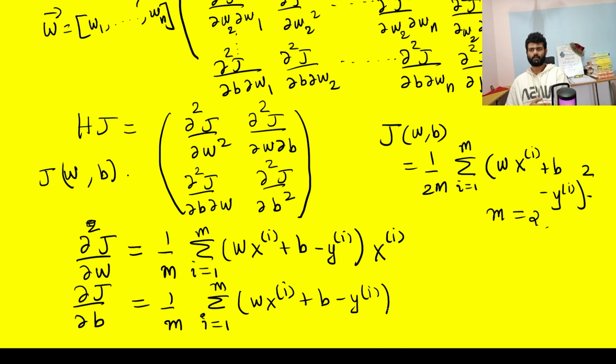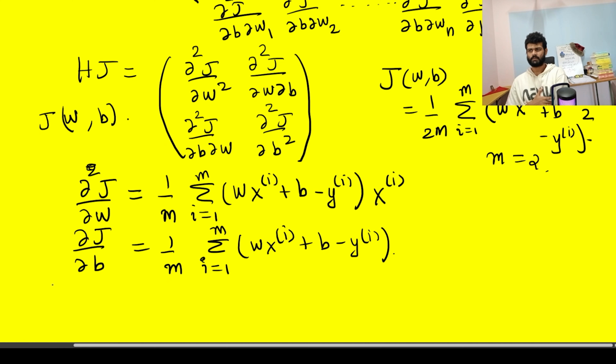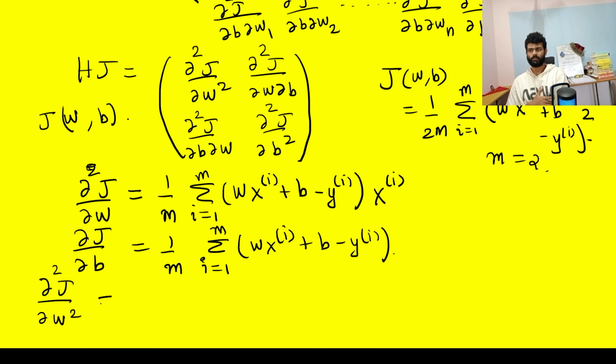Now if you calculate the second partial derivatives, ∂²J/∂w² will be 1 by m summation i = 1 to m.